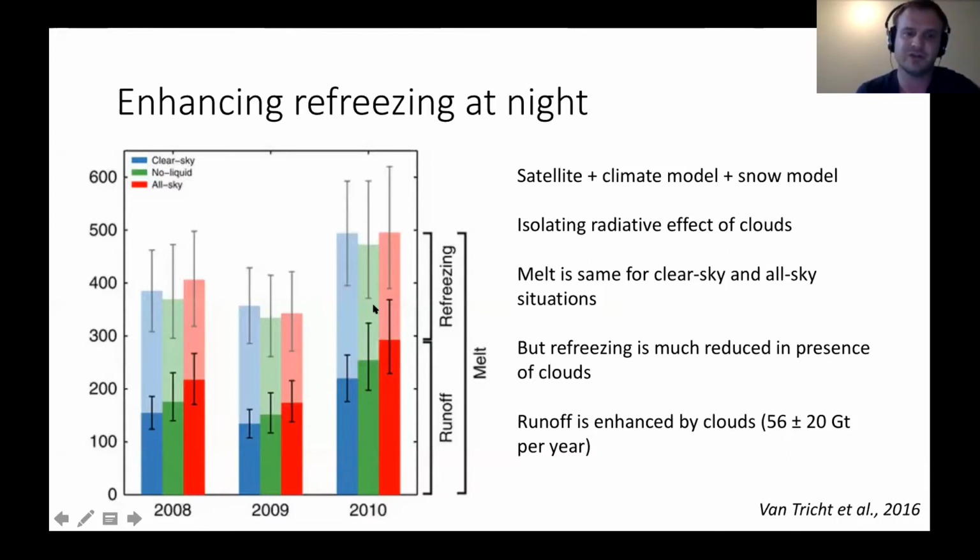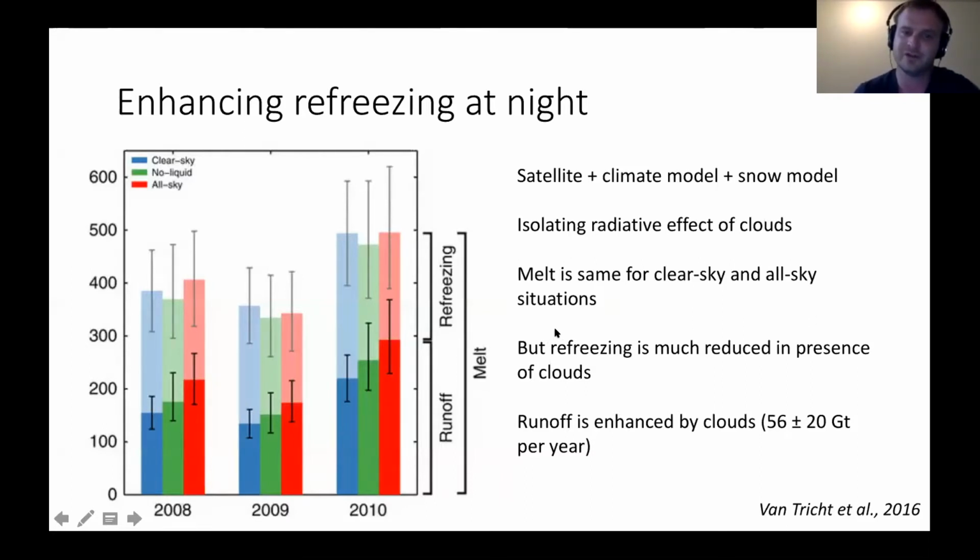But what you can see, if you look at these more visible parts of these bars, is that the amount of runoff is actually increasing if you go from clear sky to all sky, which means that the clouds actually have a tendency to increase the amount of runoff.